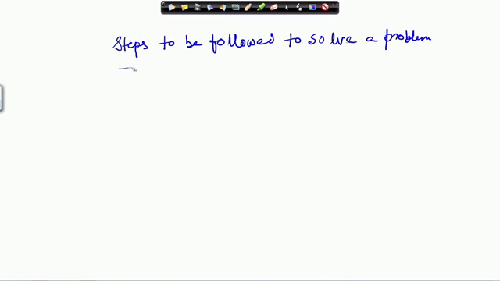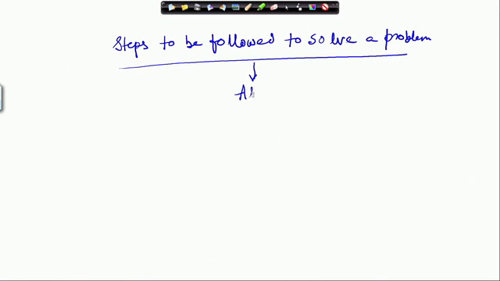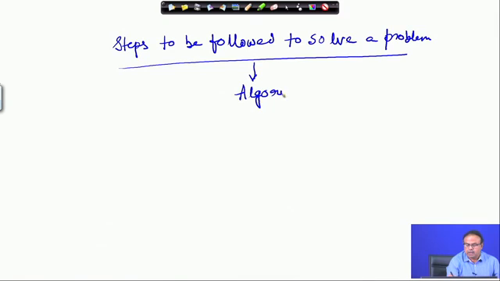And these specific steps, the steps to be followed to solve a problem, this is also known as an algorithm.